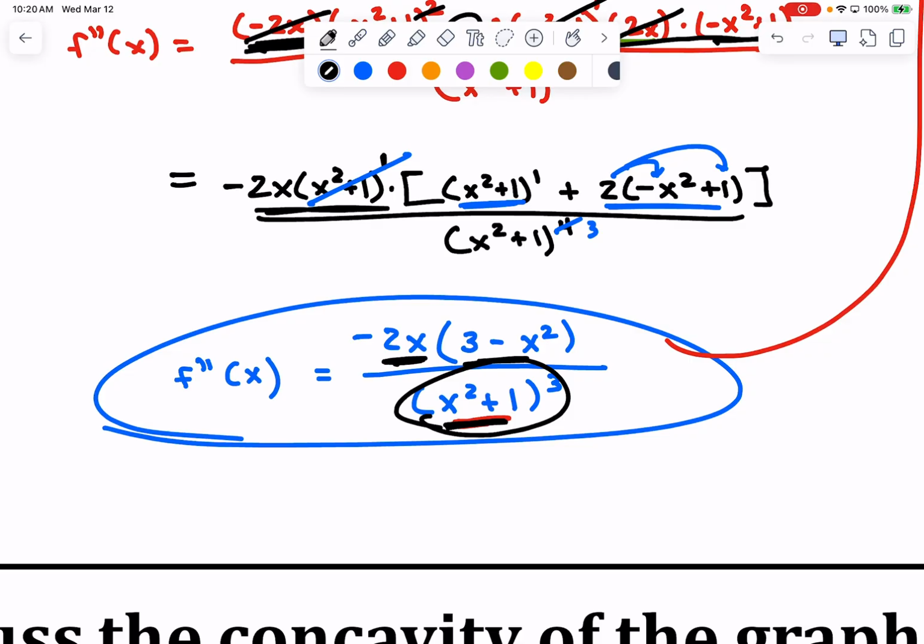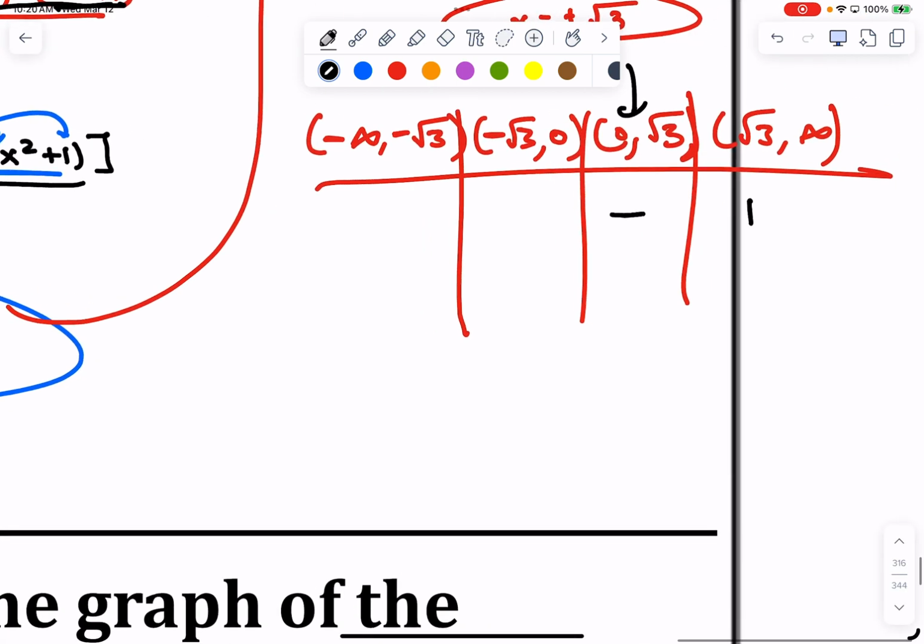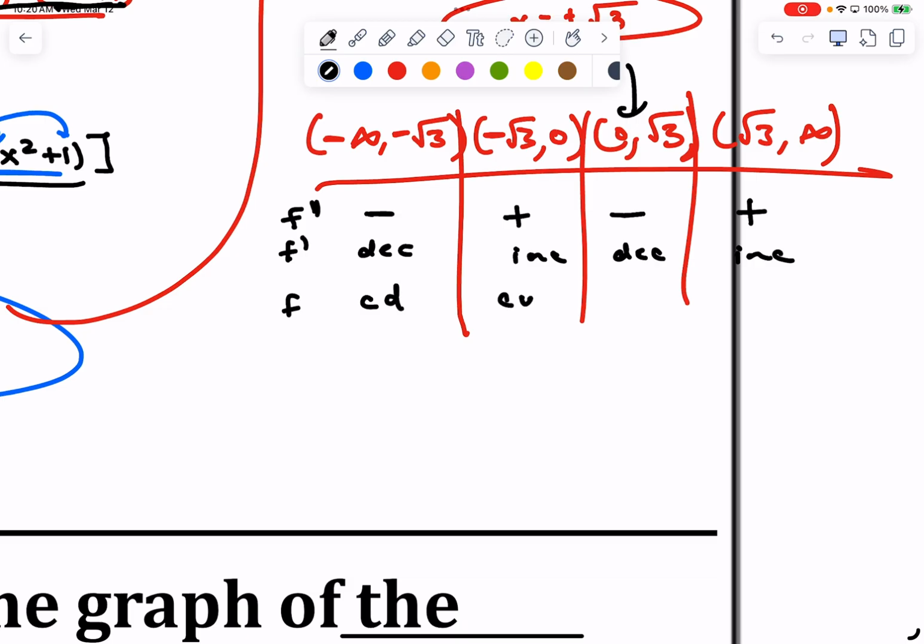So you got a negative times a positive divided by positive, which is a negative. So we got negative, positive, positive, negative. That's f double prime. So f prime is decreasing, increasing, decreasing, increasing. That's going to be more important next week. This really all you need to do is concave down, concave up, concave down, concave up.